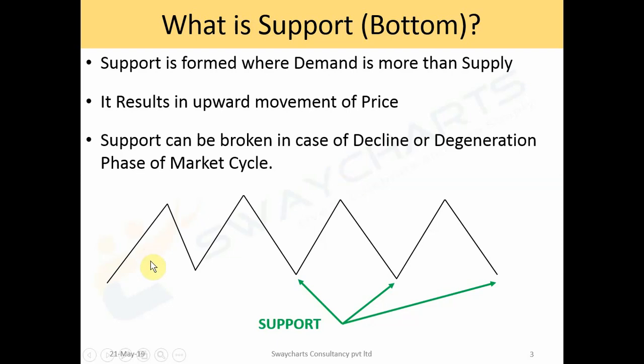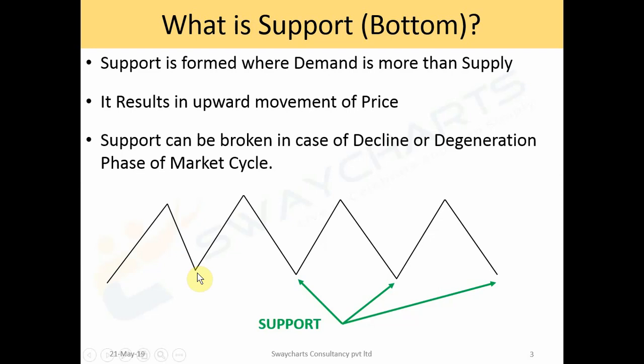So now we know that the things that support helps us to do are, first, it can help us initiate a good trade at this level to go long on that particular stock or index, because we know that the price is at support, and from this it can bounce. So it helps us to initiate a good long trade.